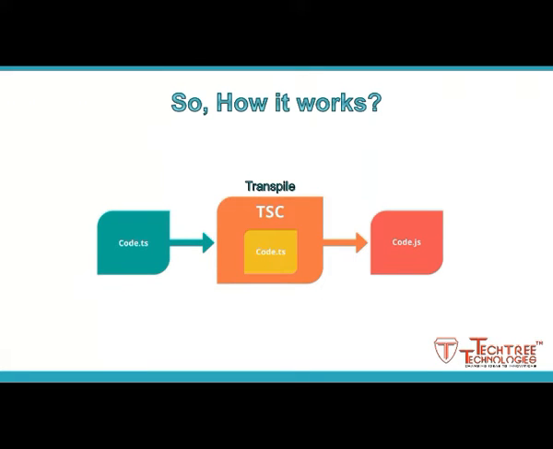The code we write with the .ts extension, we save it, then we transpile it using the tsc command: tsc, the name of the file .ts, and it gets transpiled into a .js file. As we can see, we got a JS file. Now it will be easier for the browser to understand.